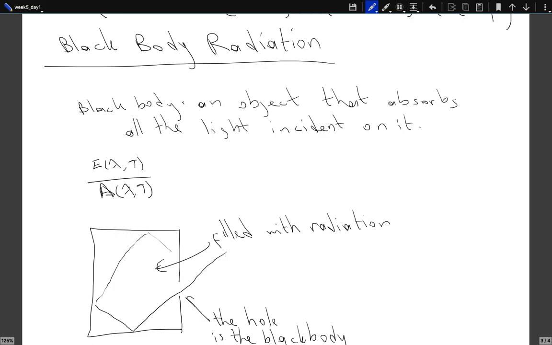Whether you put a cavity on the back, or whether you create a very dark object, or whether you look at the sun. The sun is not a perfect black body, but it's a good approximation. So although the sun, as you said, doesn't have this cavity, my black body is this one, not the cavity. And all the emission properties of every black body should be identical, independent of how you create the black body.